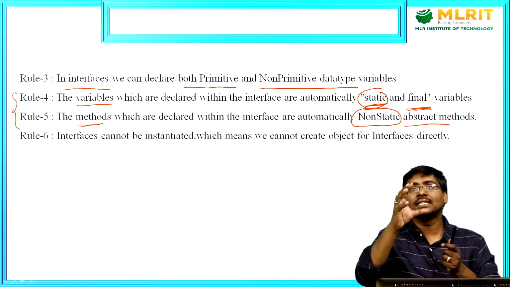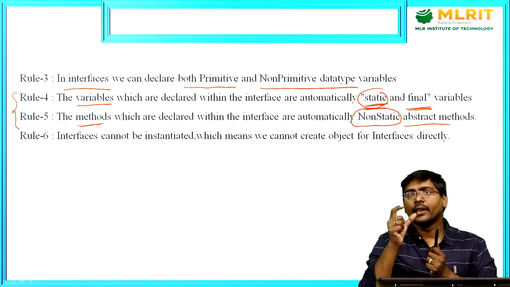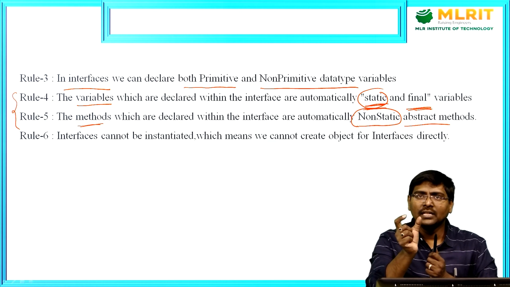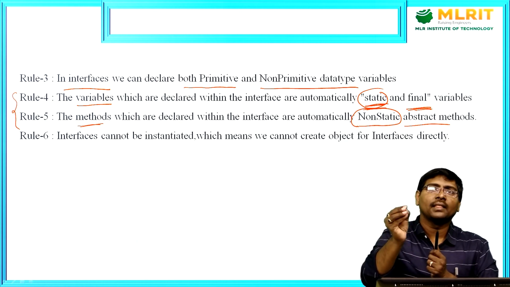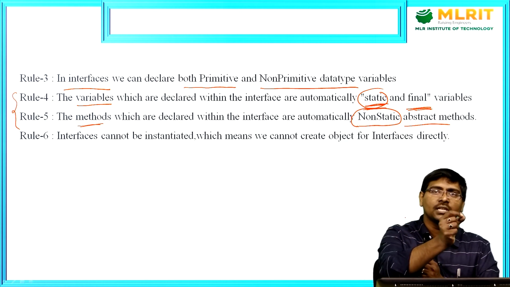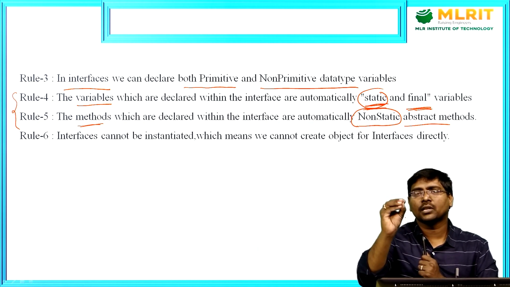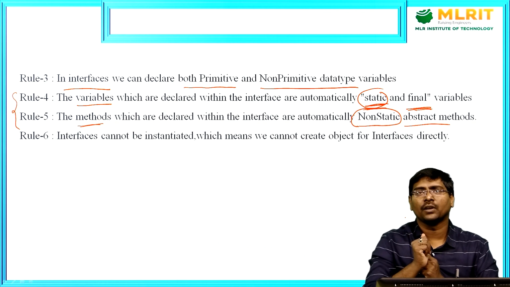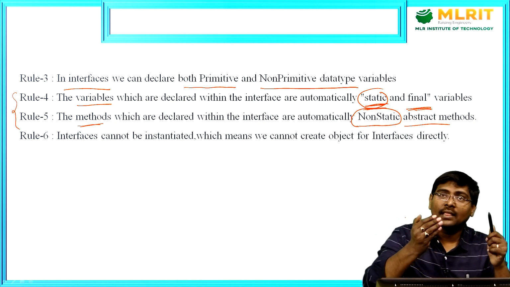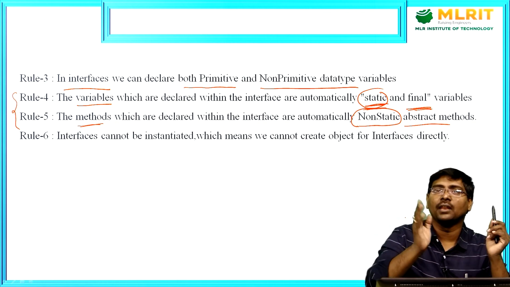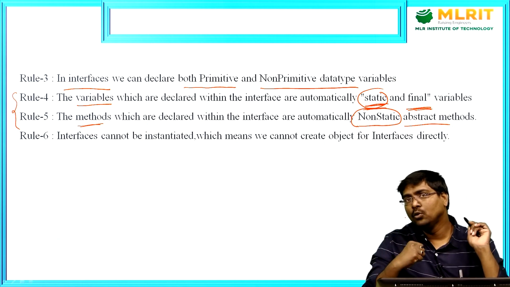Why is it non-static? Remember the point. If it is static, that method is accessed by using the interface name. But the abstract method does not consist of any body. So what do you need to do?